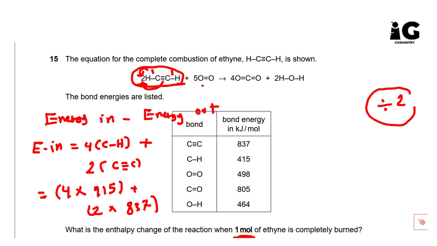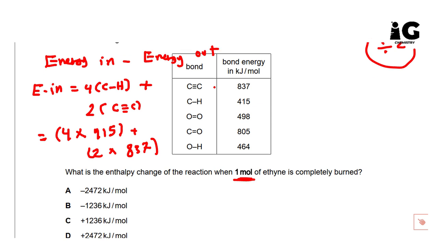Okay? And then we need to add 5 O double O. So everything plus 5 times, and here we have O double O is 498. Okay, so do this in your calculator, and let's see what is the final answer here.